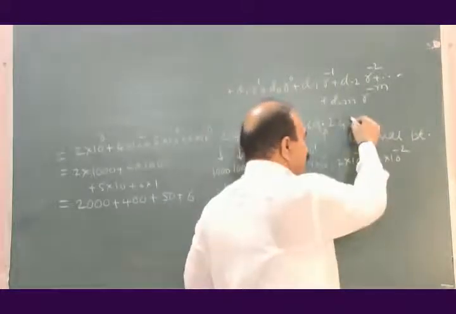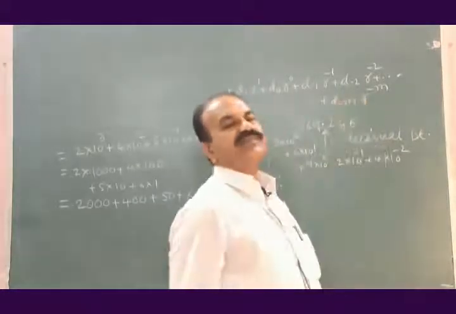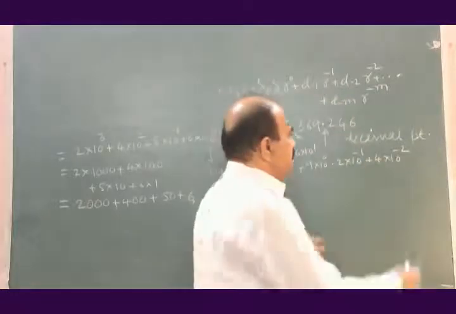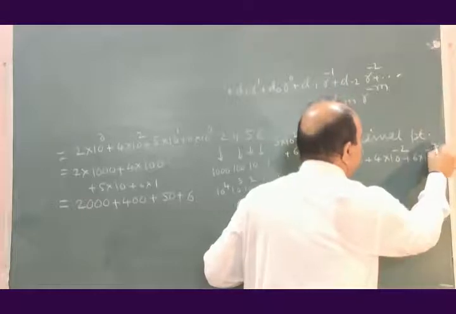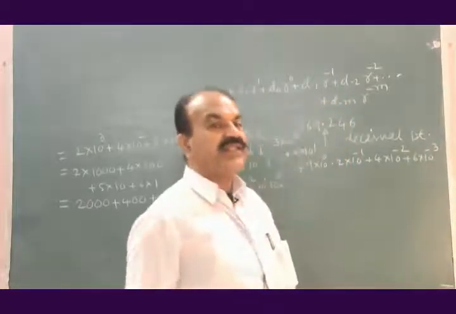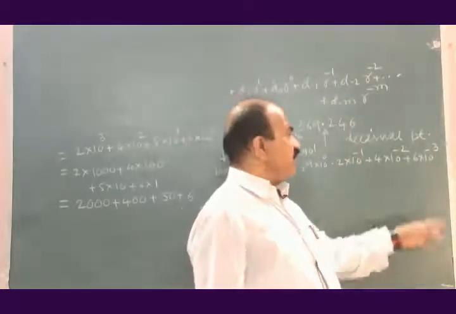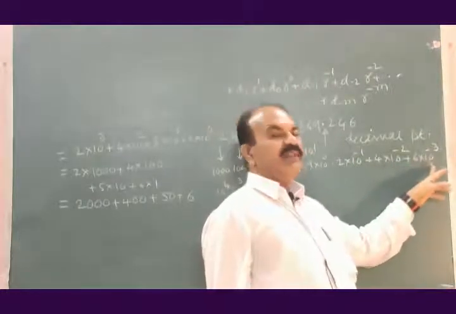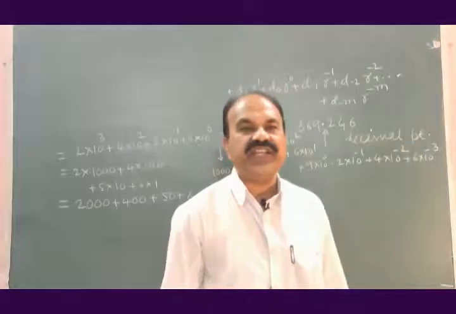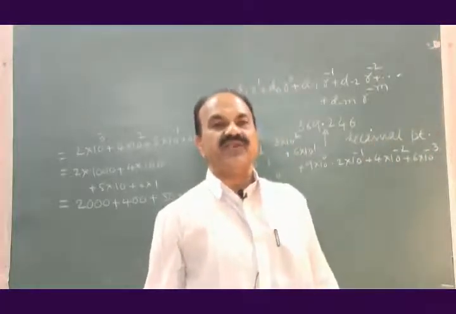If some more digit is there, that will be 6 into 10 to the power minus 3. The weight of the third digit to the right of the decimal point will be 10 to the power minus 3, or 1 divided by 1000.